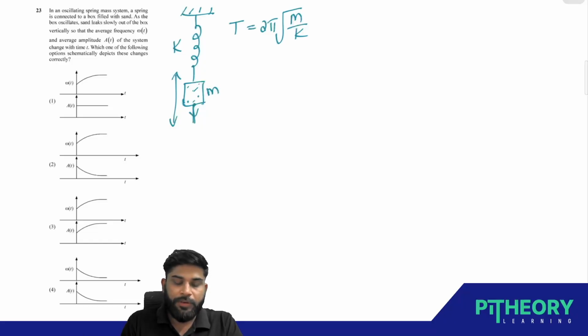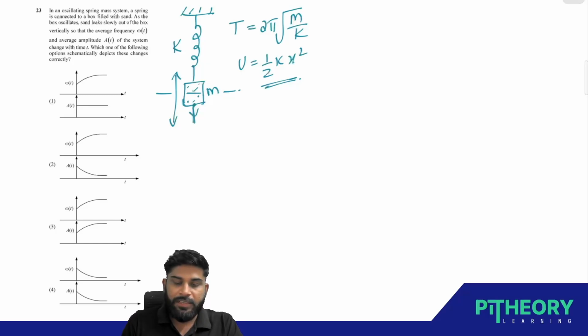Amplitude of oscillation basically depends on the energy. Energy you can write as half k x square in this case, correct?